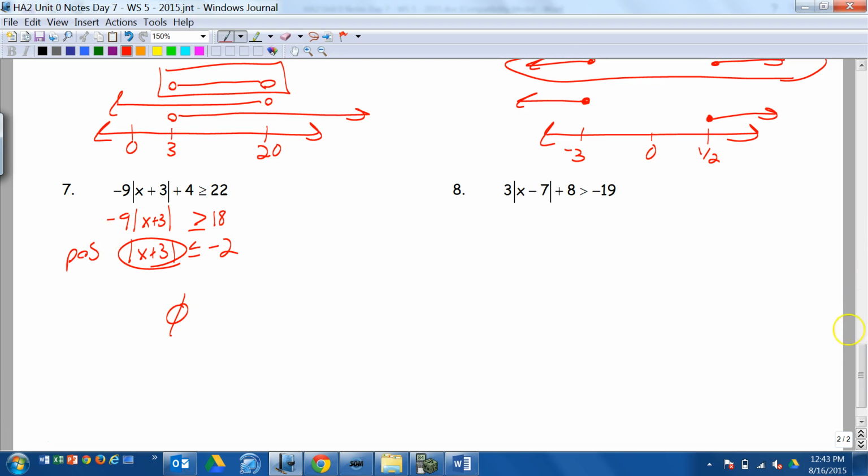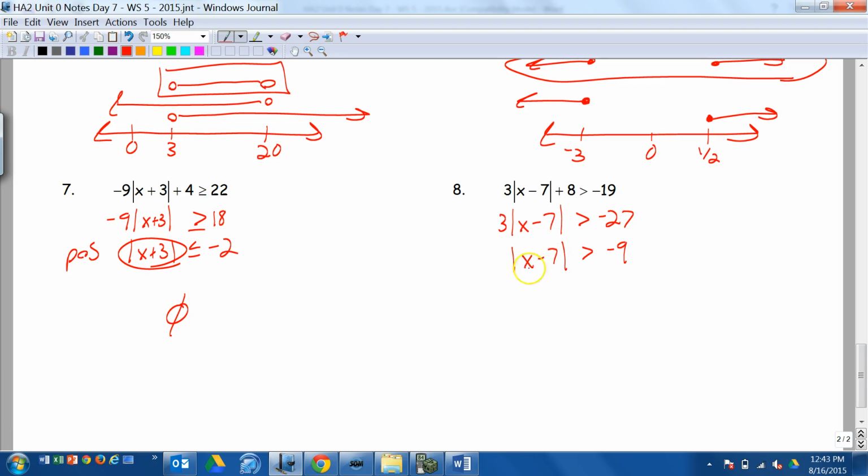Alright, last problem. Move the 8 over, so we get negative, what, 27? Divide by 3. And that becomes negative 9. Now, we have a negative on this side again. However, notice the symbol. It says, are there x values where we're going to be bigger than negative 9?